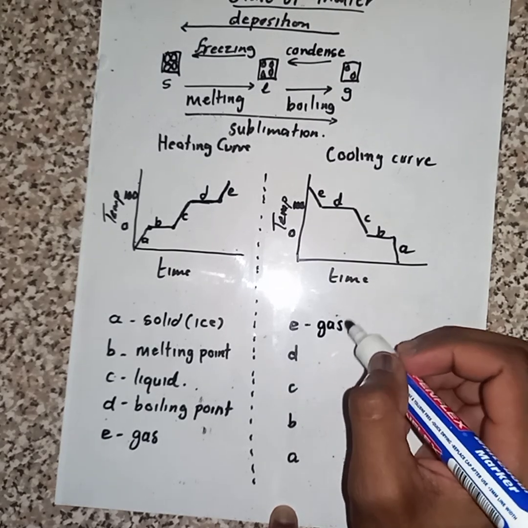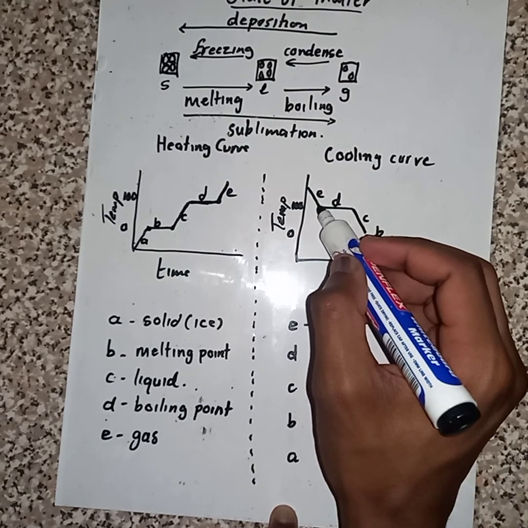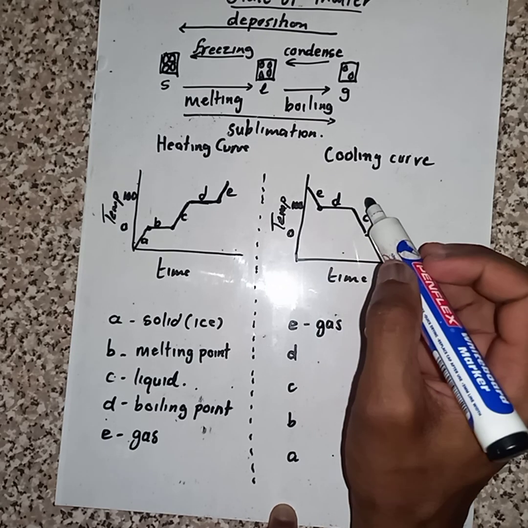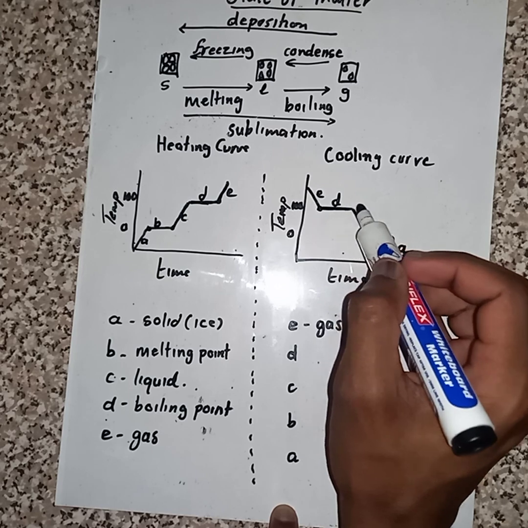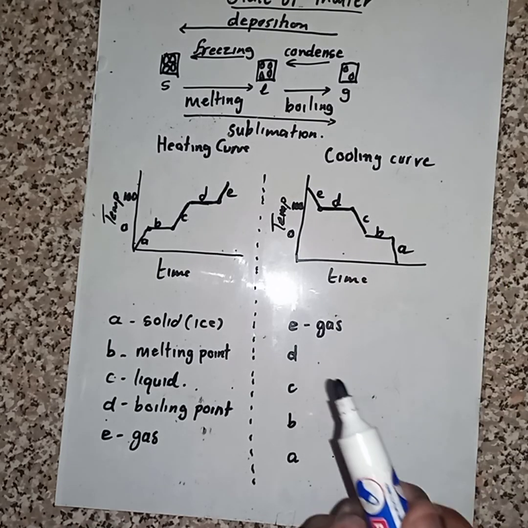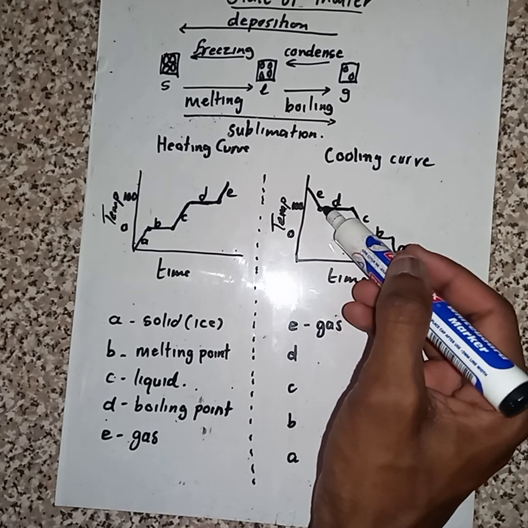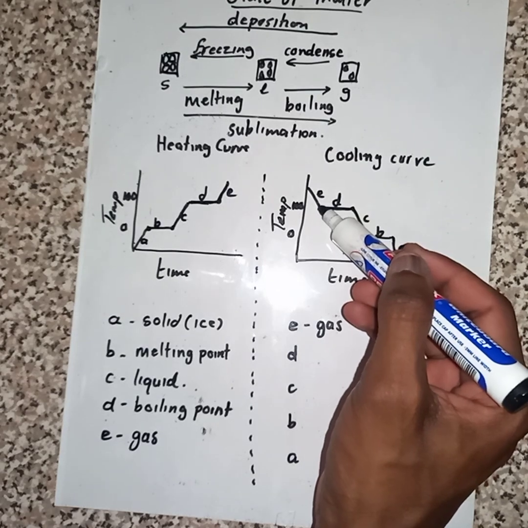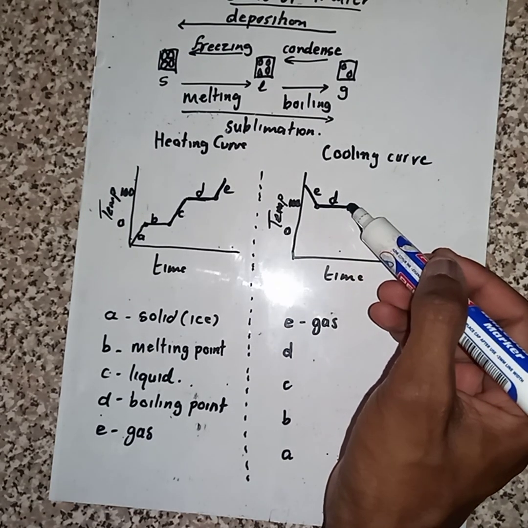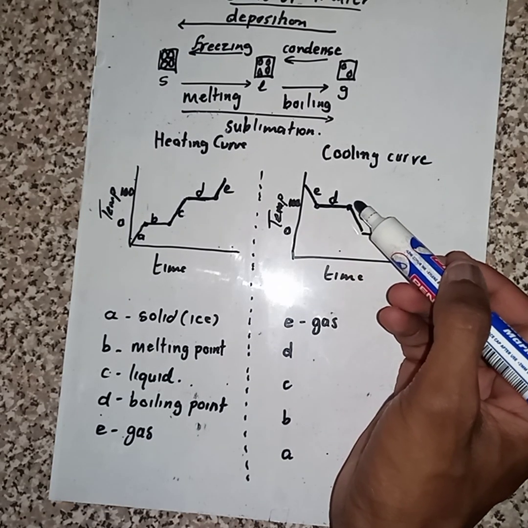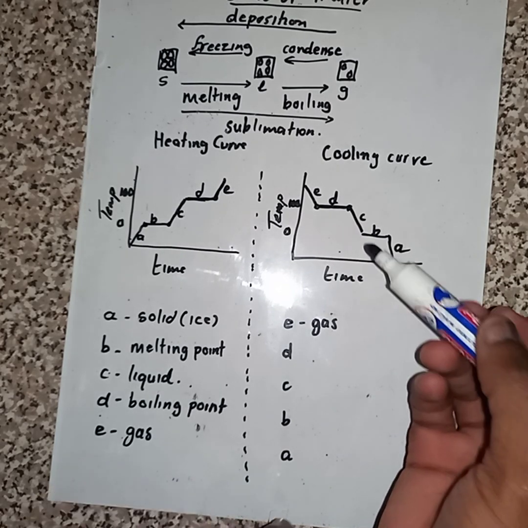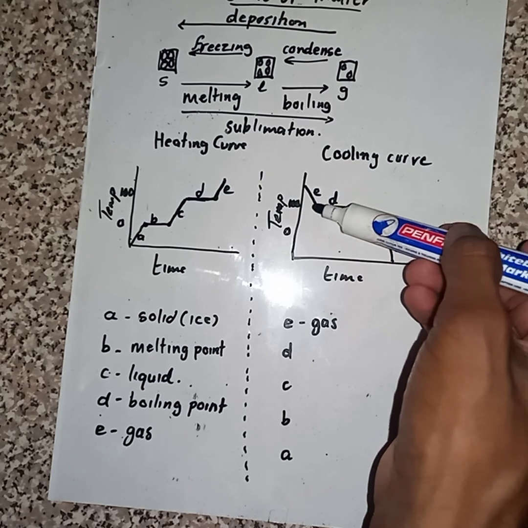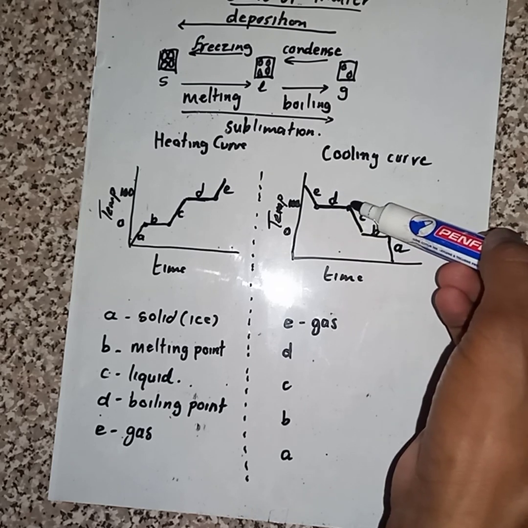Gas phase. A gas phase up until this point. What is going to happen from this point up until this point is we are going to get a situation whereby a gas changes into what?